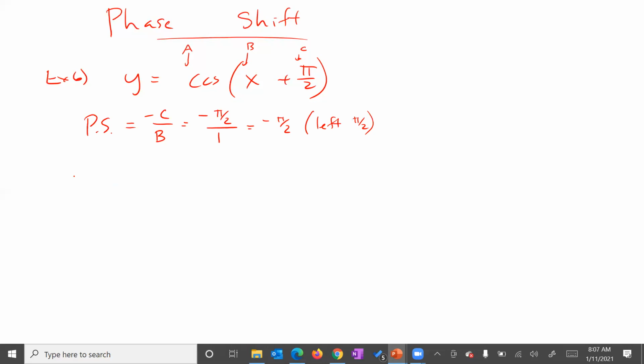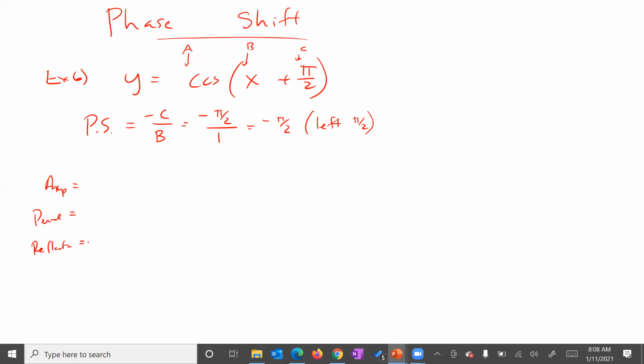So normally we look at amplitude first, right? Amplitude and period, and reflection. If we can do those 3 all at once, then our phase shift and our vertical shift just happen on the next graph and we're done. It's usually a 2-step approach. Okay, this is cosine.